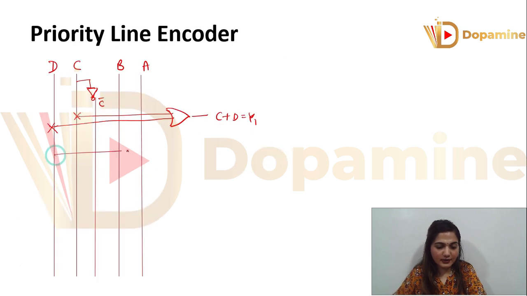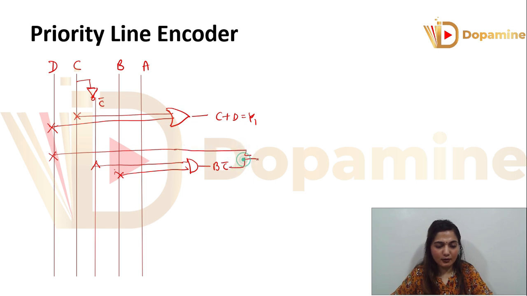So we have D, we have C bar, and we have B. B and C bar are sent to the AND gate and here I get BC bar. This D I am going to connect with the OR gate, so D is connected to BC bar with the OR gate. So I get D plus BC bar, which is my Y0.